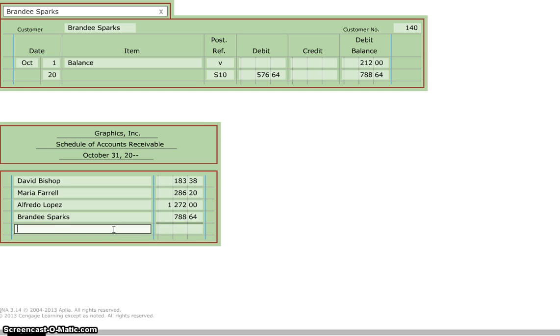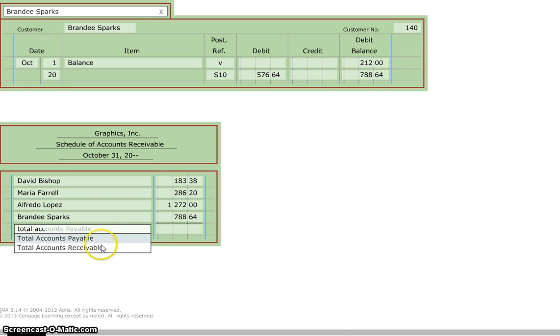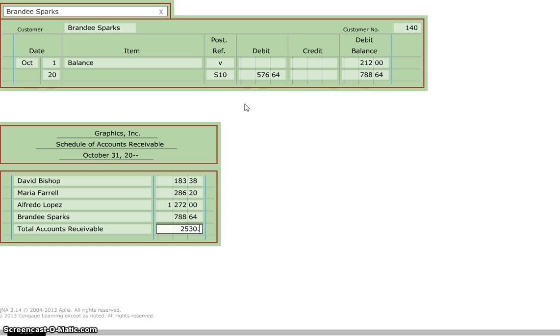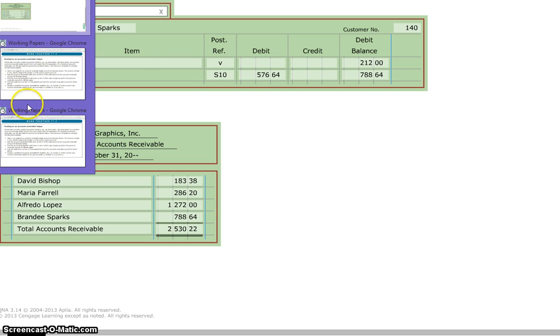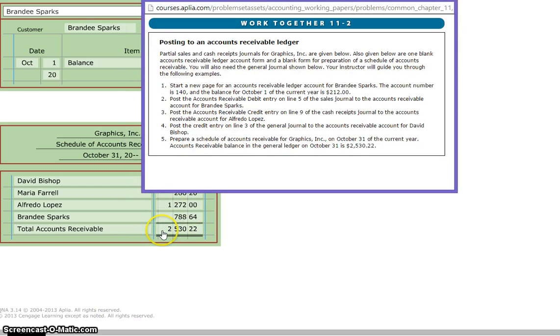So we're going to put the total accounts receivable down here. We're going to add these four numbers together, and when we do, we get $2,530.22. So just double check our instructions to make sure we came up with the right amount. $2,530.22 is what we should have ended up with, and that is what we got. So go ahead and finish up this 11-2 work together if you haven't already, and move on to 11-2 on your own.